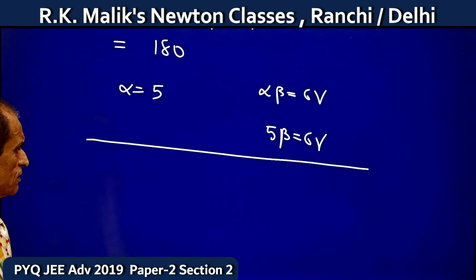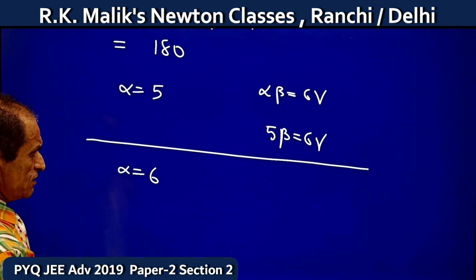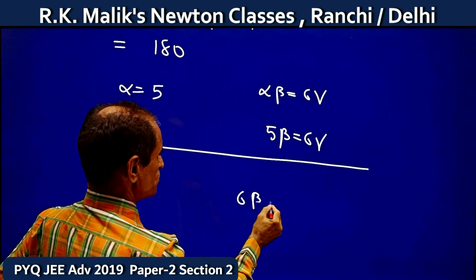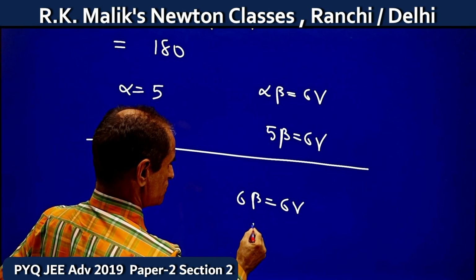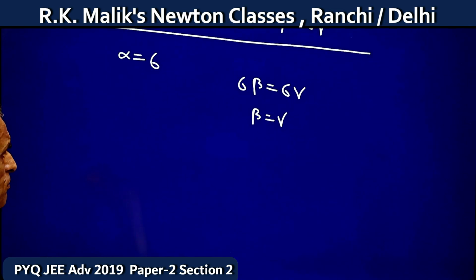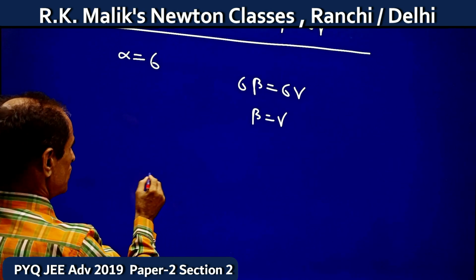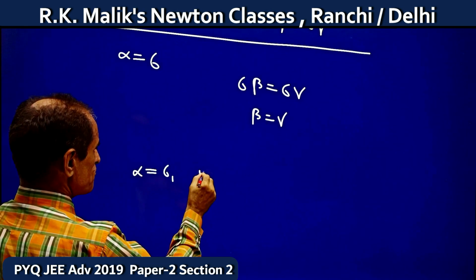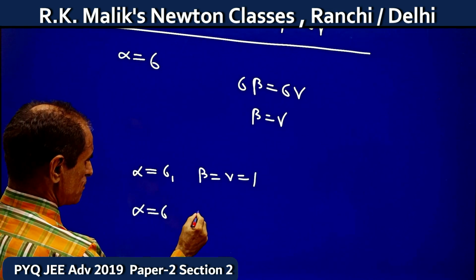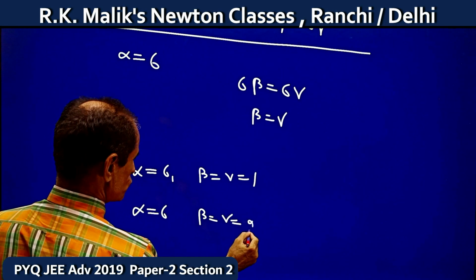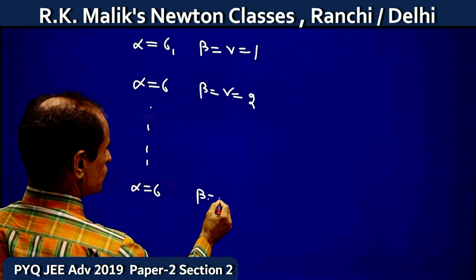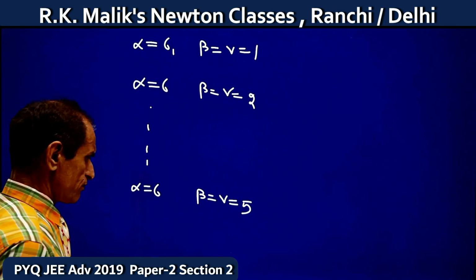Therefore, rejecting this case, if alpha is 6, then this condition will mean 6 beta equal to 6 gamma, that is beta equal to gamma. And in this case, many cases will come. Alpha equal to 6, beta equal to gamma equal to 1, alpha equal to 6, beta equal to gamma equal to 2, and so on up to alpha equal to 6, beta equal to gamma equal to 5.